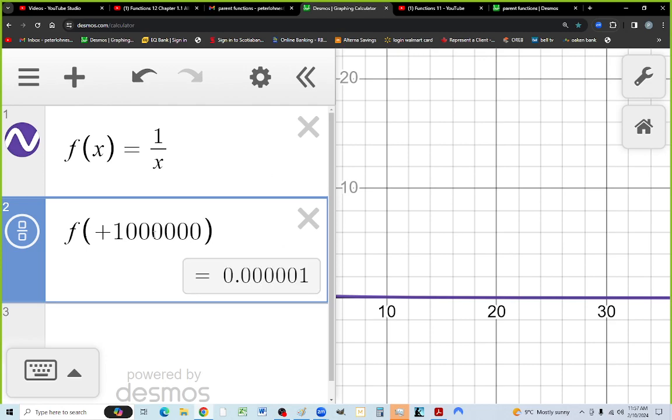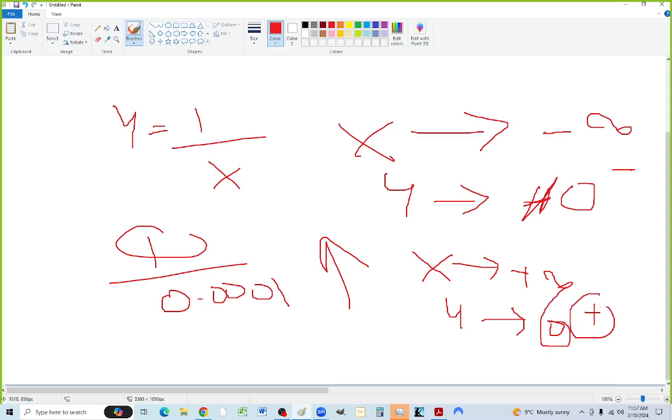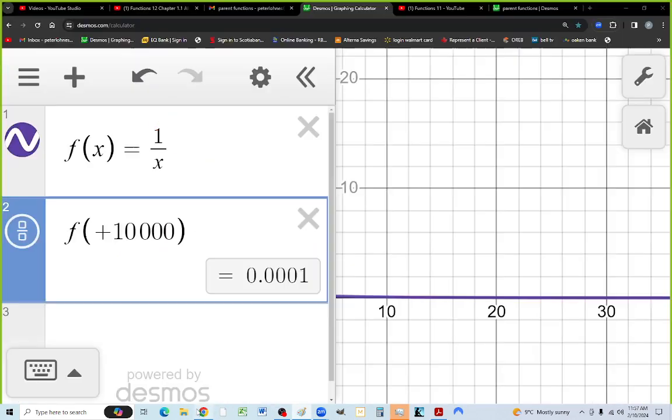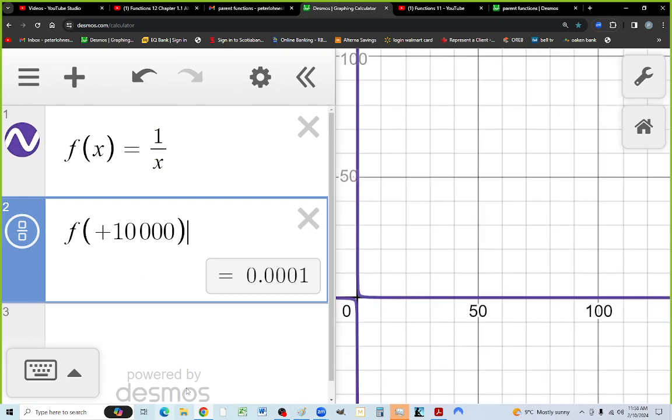Yeah, 0, but is it positive or negative? Positive. So as x approaches positive infinity, y is approaching 0 from the positive side. That's interesting and just something to get used to for your specific parent graphs.